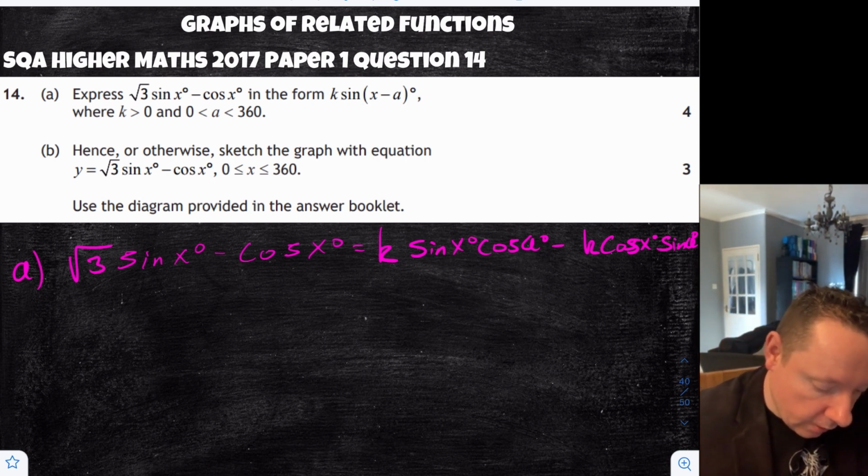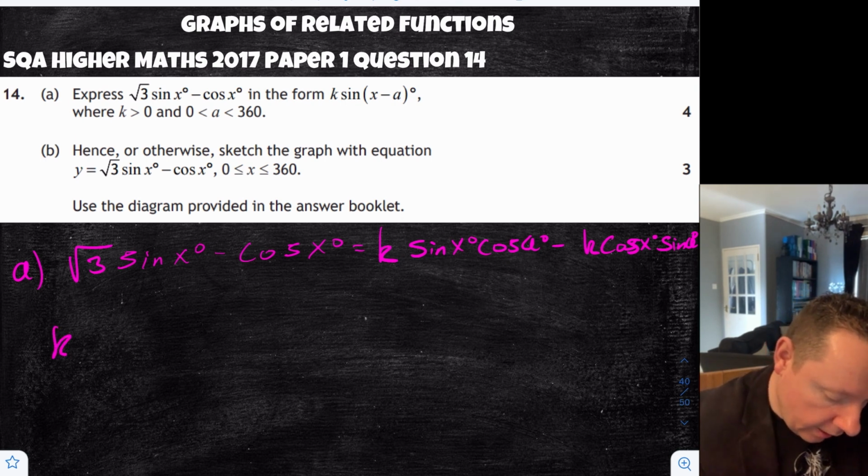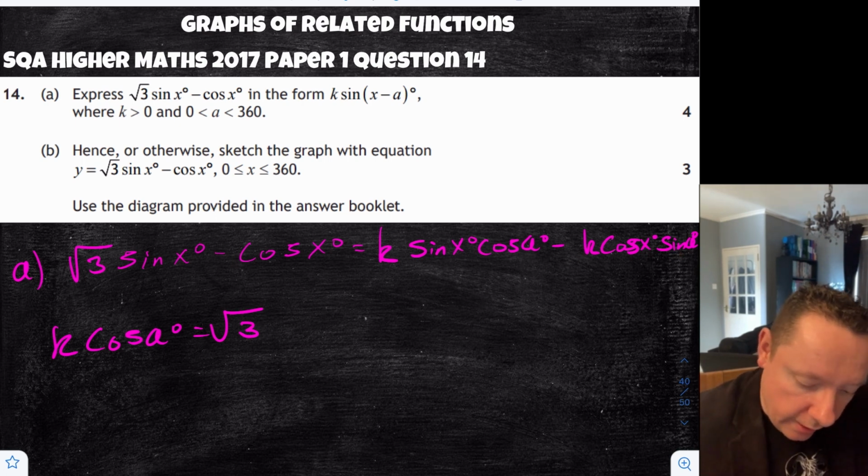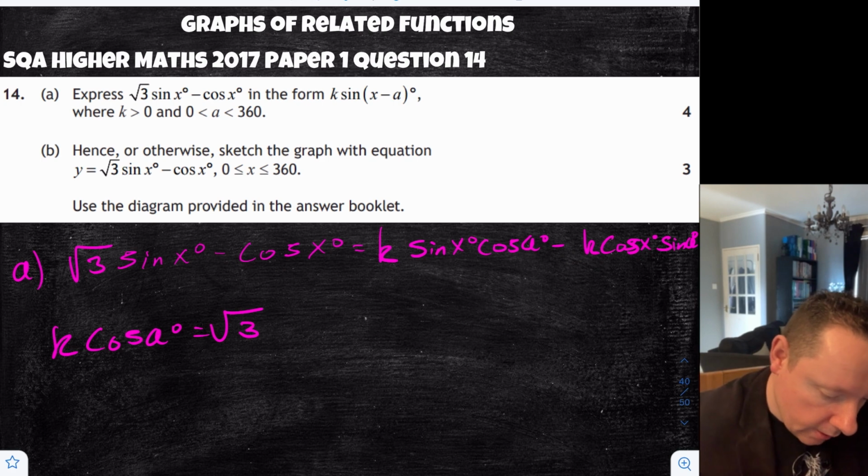If we look at the sine x first of all, we've got k sine x cos a, so that means that k cos a equals root 3. And similarly, looking at the cos x part, we've got minus k sine a equals minus 1. So we can just write k sine a equals 1.